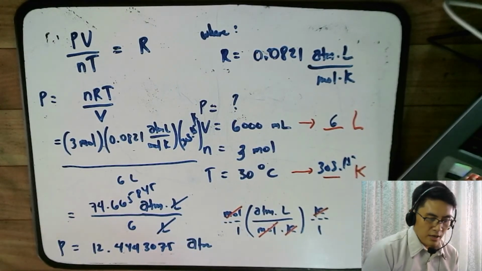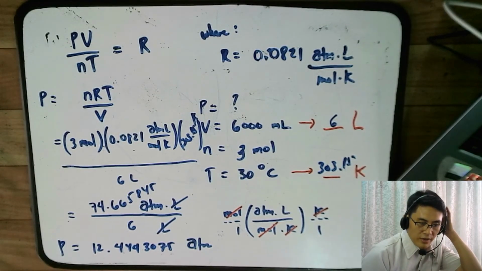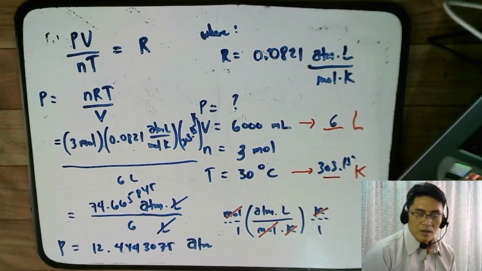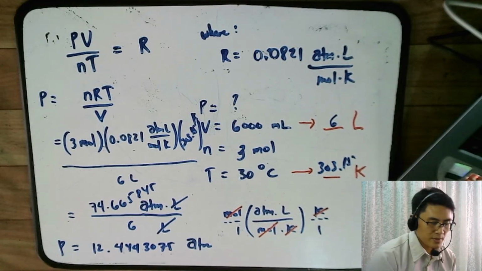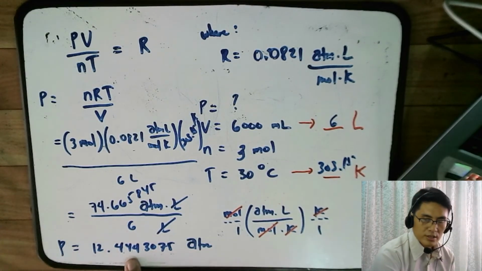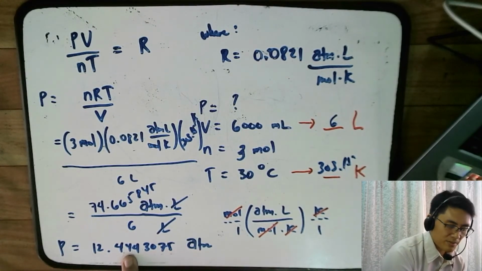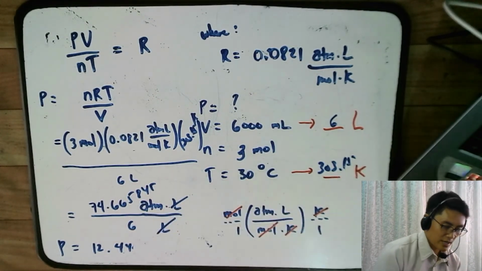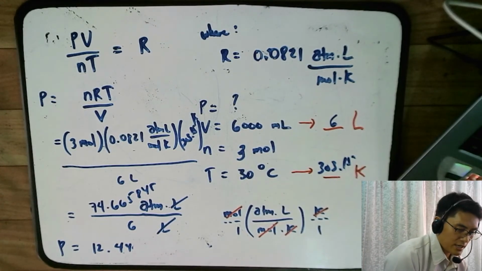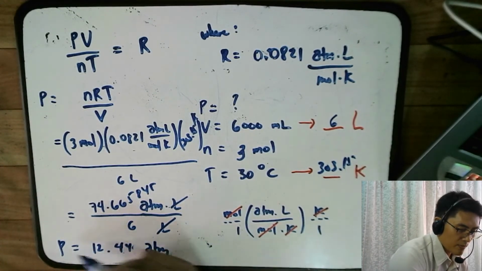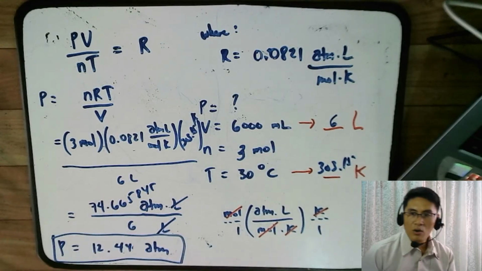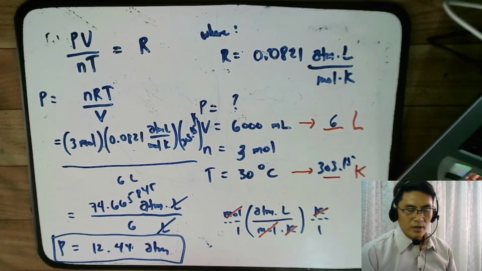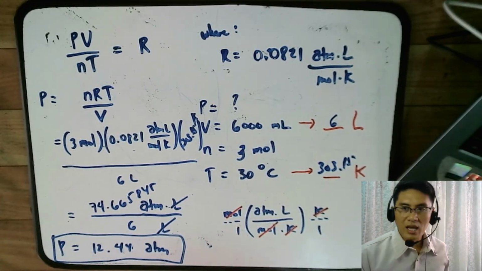And then in here you can do a lot of things, but normally the custom is to just round it off to the second decimal place. So this is 12.44, so just leave it as 12.44 as the final answer, and this is in atm, and that's the idea. So in this example, I hope you got the idea of what I have been talking about.